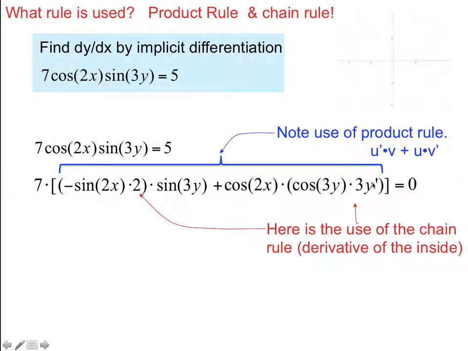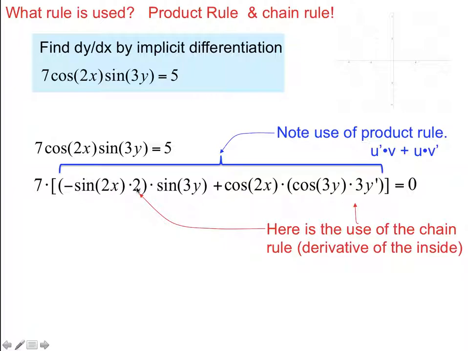This whole long thing is the product rule, right? Derivative of the first times the second plus the first times the derivative of the second. And then inside here we had to do a chain rule. So just to recap, this is the derivative of the cosine times the sine plus the cosine times the derivative of the sine. So derivative of the cosine is right here.